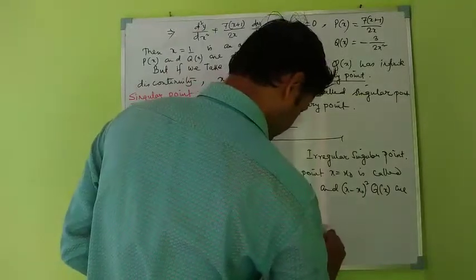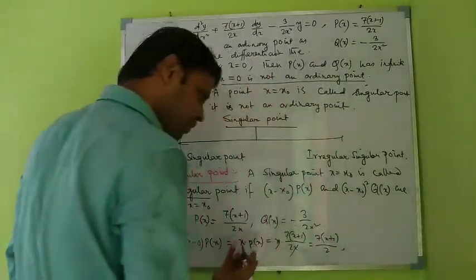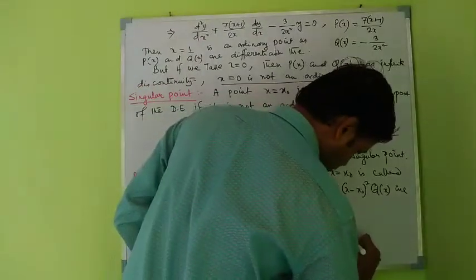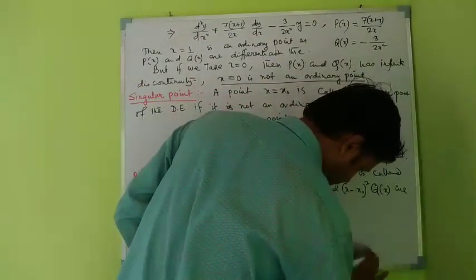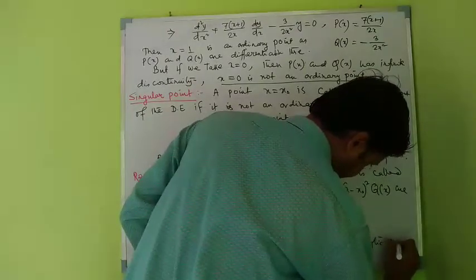So this is 7 into (x plus 1) by 2, which is analytic at x is equal to 0.